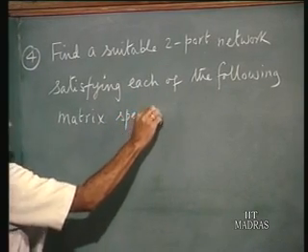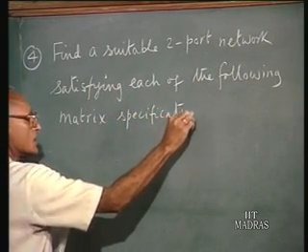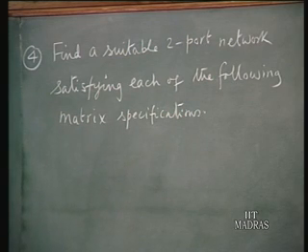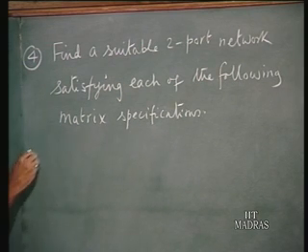So, this is the reverse of analysis: you are given the matrix specifications, you have to find a network which satisfies this. You can use the concept of equivalent networks to do this.